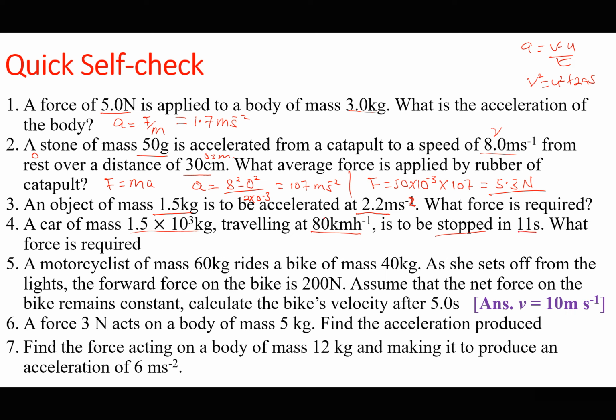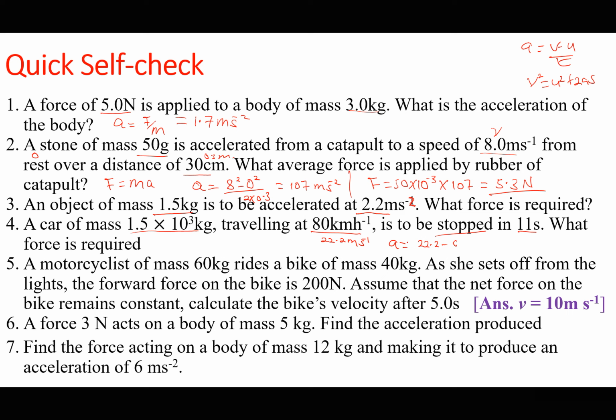So all we need is to change 80 kilometers per hour into meters per second. So I will say 80 times 1000 divided by 3600. So this one is 22.2 meters per second. So of course the acceleration is going to be final velocity, which is 22.2 minus initial velocity, which is 0.